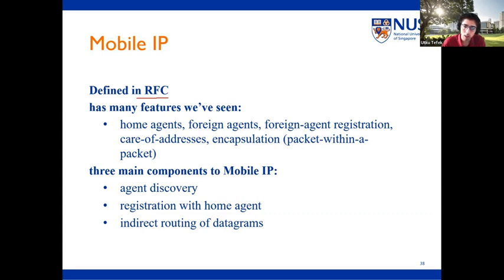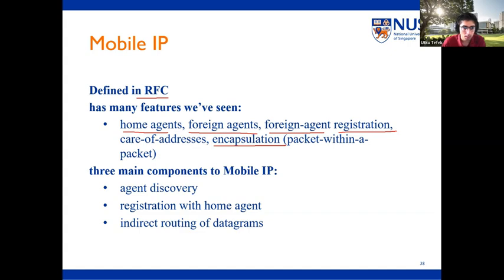So the mobile IP architecture contains many of the features and elements we have discussed, including some of the concepts like home agents, foreign agents, the registration of care of addresses, and also the encapsulation, how the home agent tunnels packets to the foreign agent.